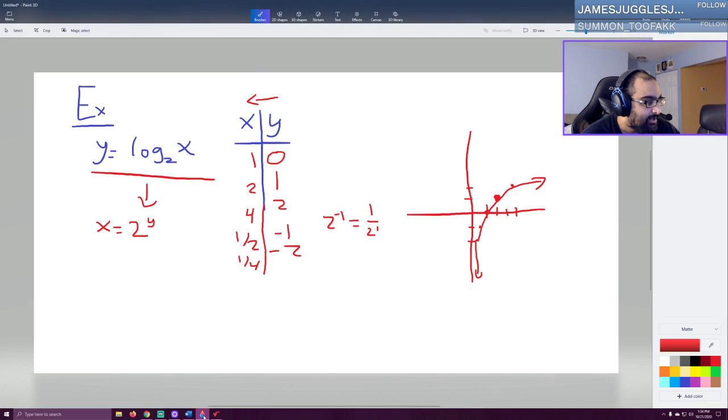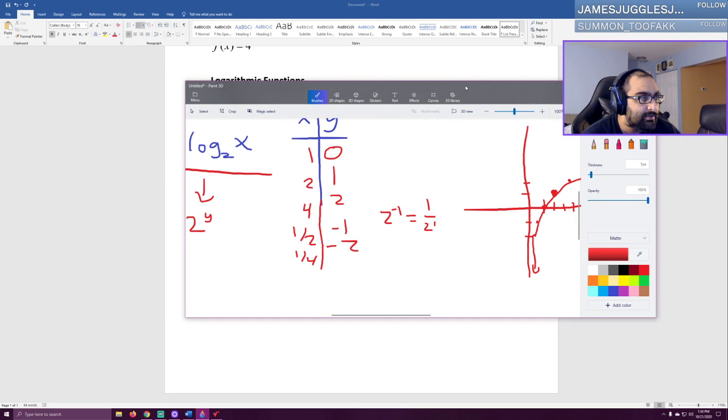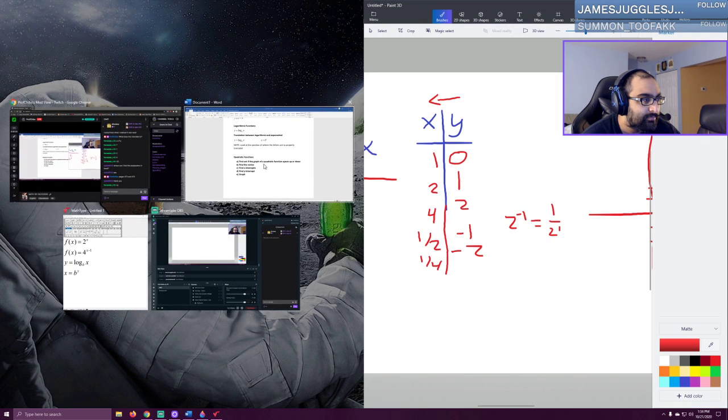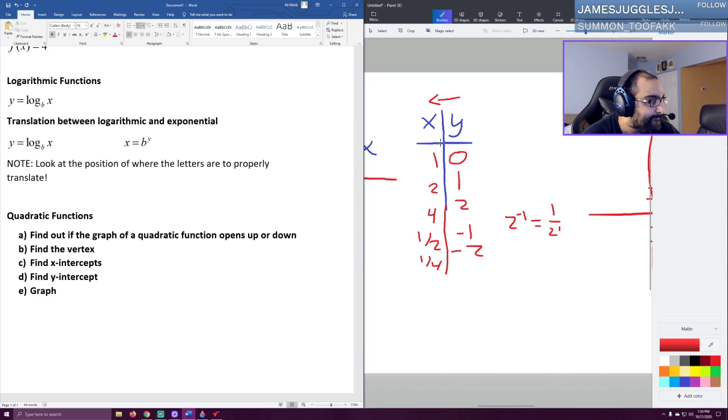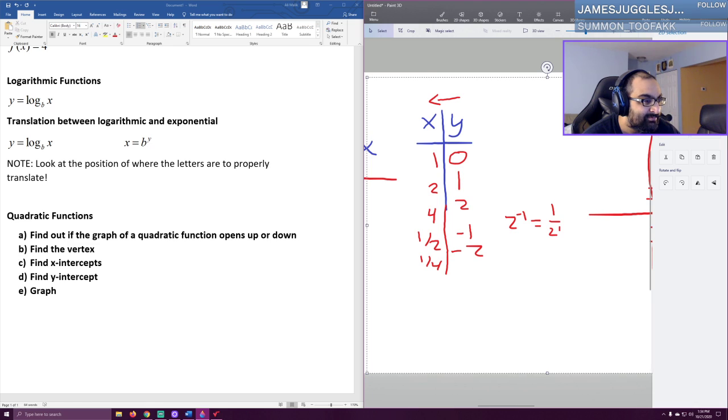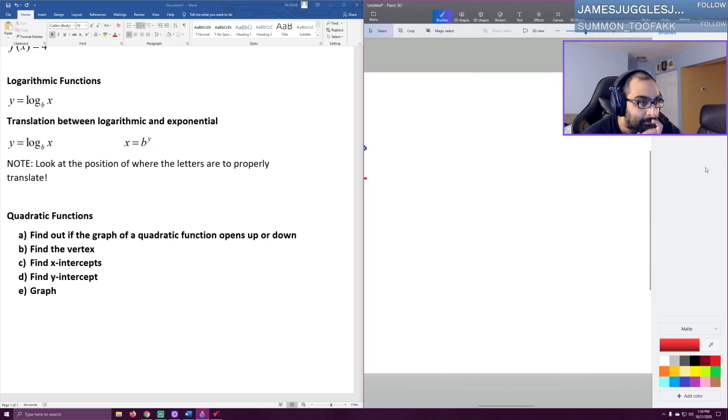All right, so let's bring this over. Find out if the graph of a quadratic function opens up or opens down.